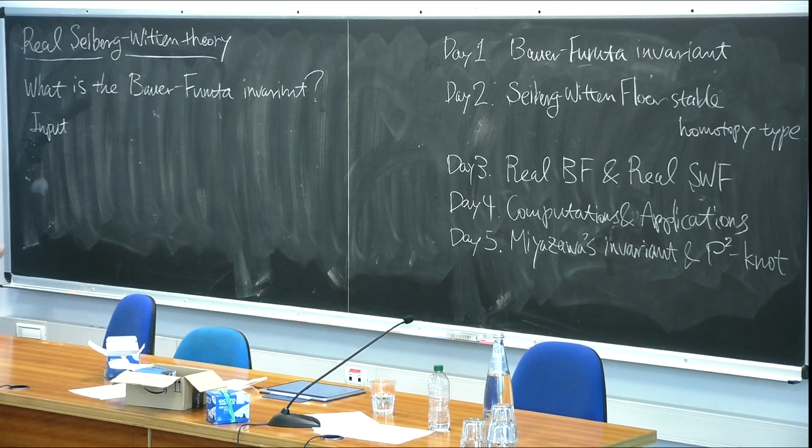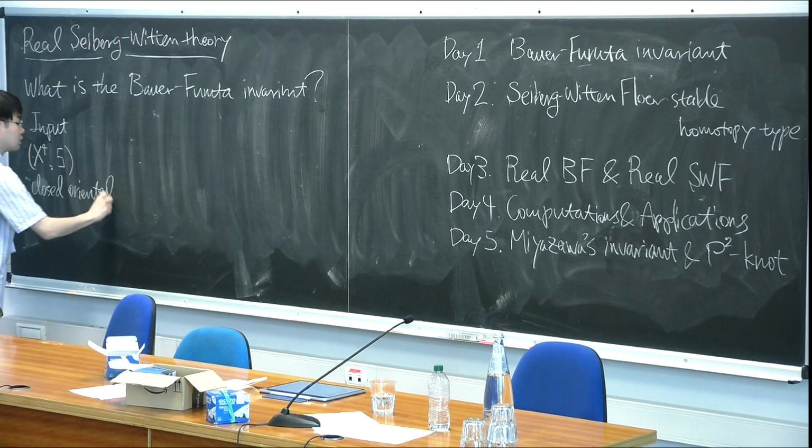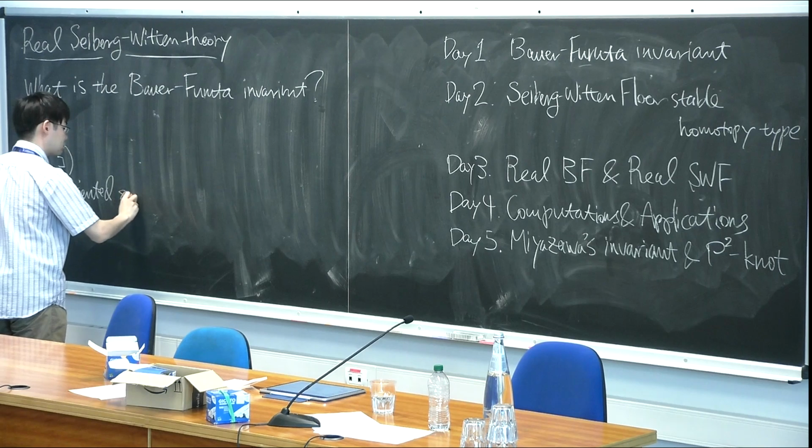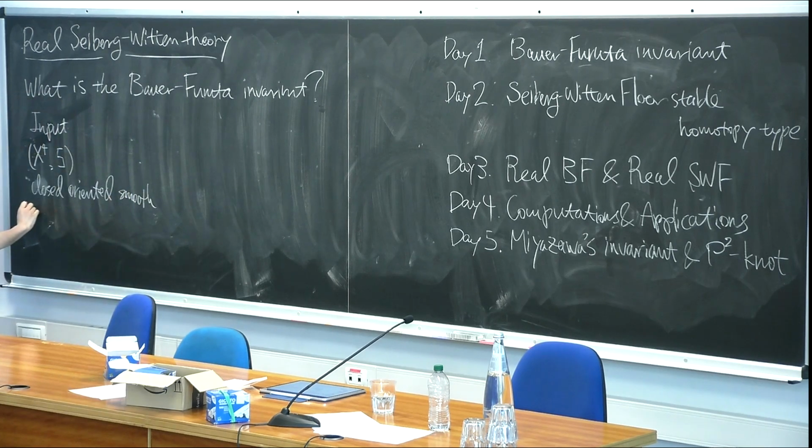So what's the input? The input is a closed four-manifold, always smooth, together with the so-called spin-C structure, which I will explain. So this is closed, oriented and smooth. A closed, smooth, spin-C four-manifold.